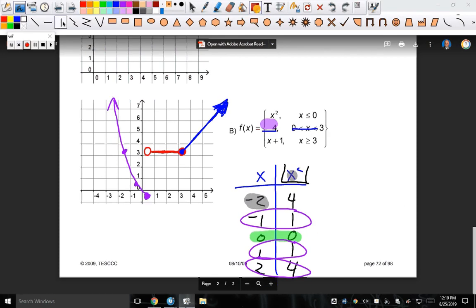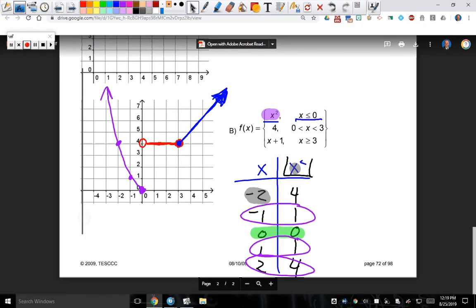If you were to scan this with a vertical line, left to right, that analogy that I used in class as far as that metal detector scanning the graph, right here it would not double beep at x equals 0. It only exists on the purple graph. Over here at x equals 3, it would not double beep because it only exists on the blue function. Because remember, it was an open circle on the red.